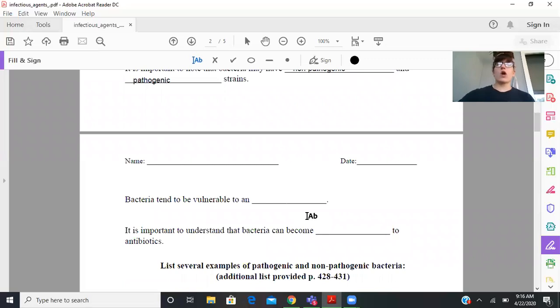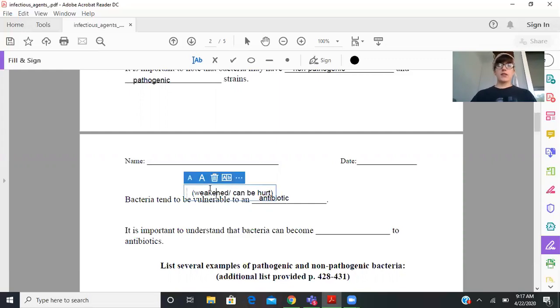This is the reason why I said bacterial meningitis is better than viral, because bacteria tends to be vulnerable to an antibiotic. And the word vulnerable, I want you to know, it means like it can be weakened. Like it can be hurt by an antibiotic.